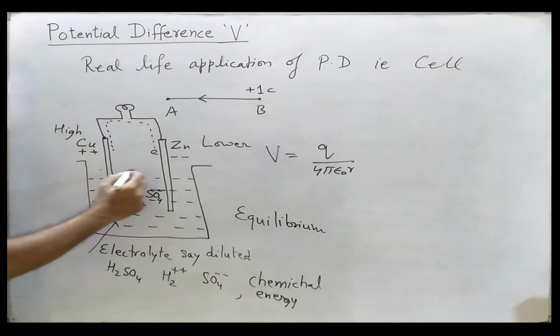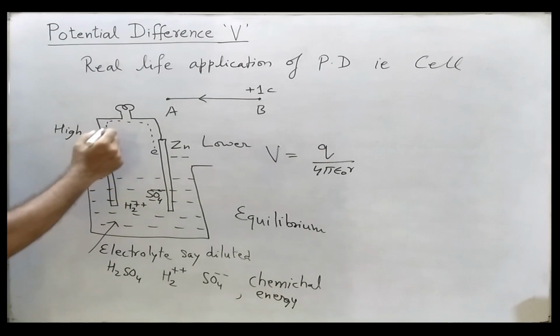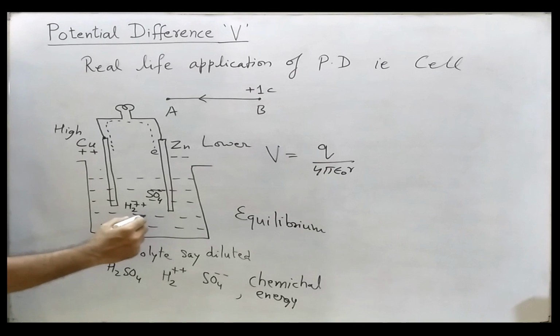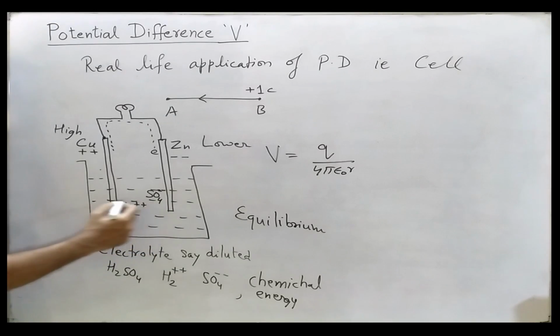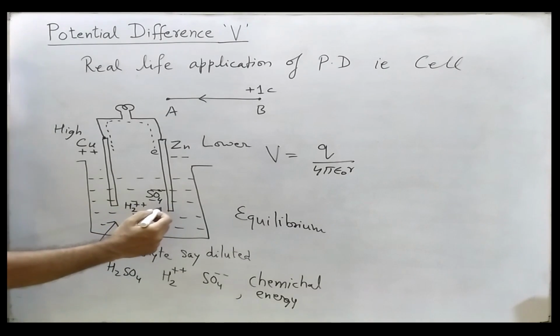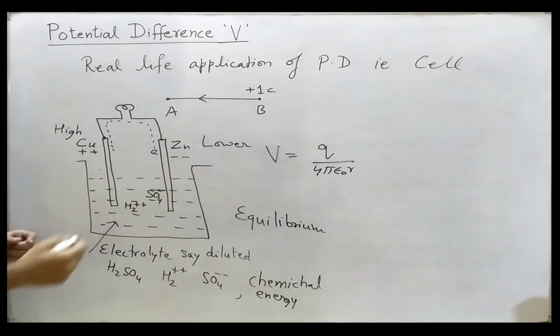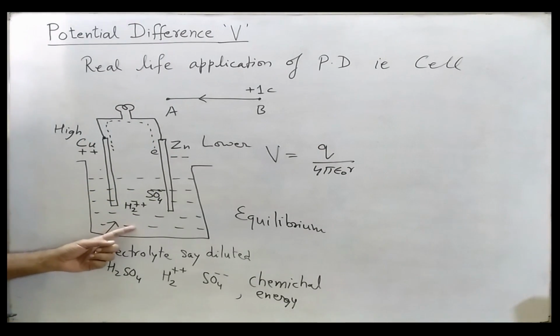So the potential difference between the rods is maintained. As long as this current is flowing, the potential difference is maintained by virtue of the chemical reaction taking place between the electrolyte and the respective rods. Therefore, you can withdraw current till the life of the chemical reaction.